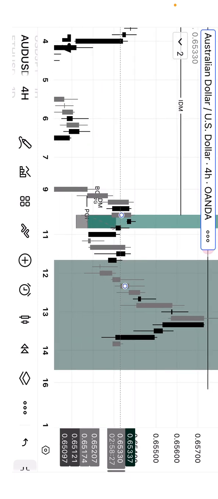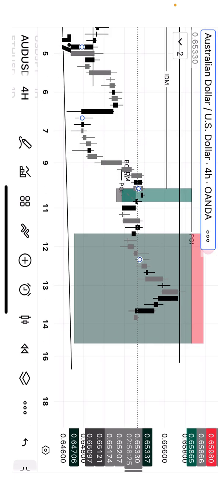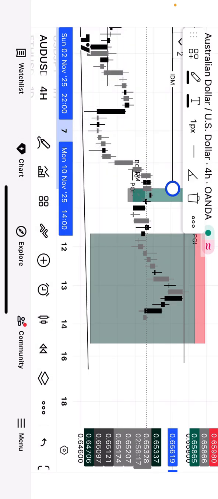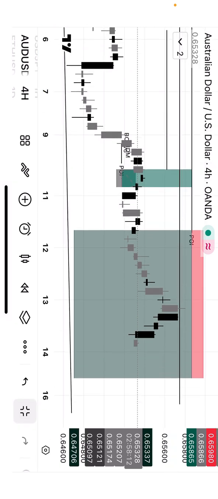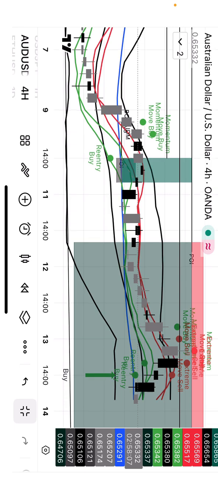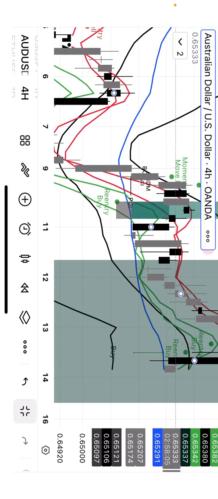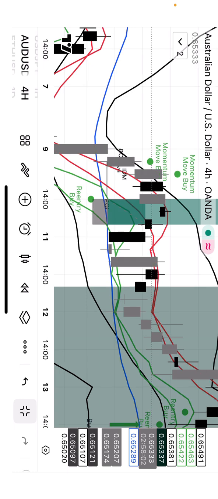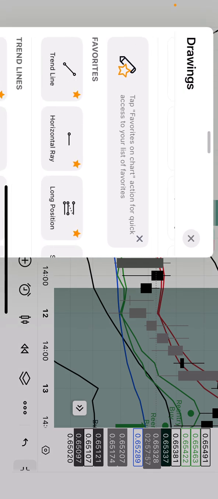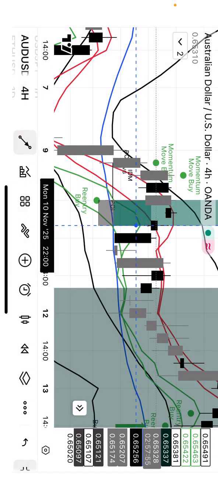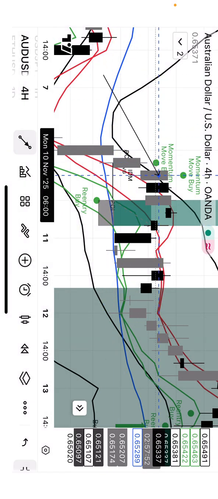Then this AUD USD buy, I used the 4-hour time frame to trade it. Same thing. For this side here, you will see that price closed above on the 4-hour time frame.